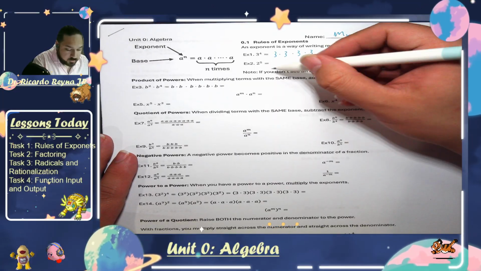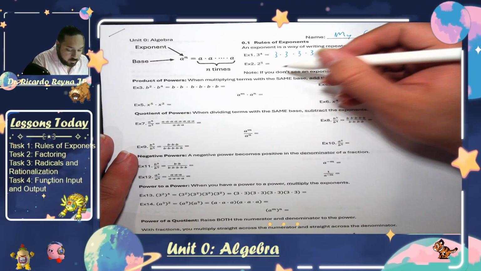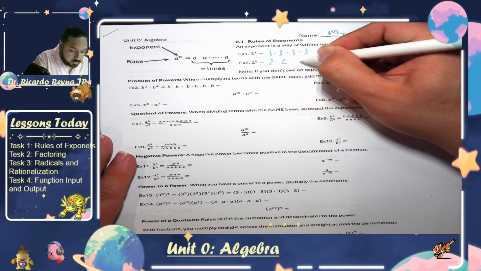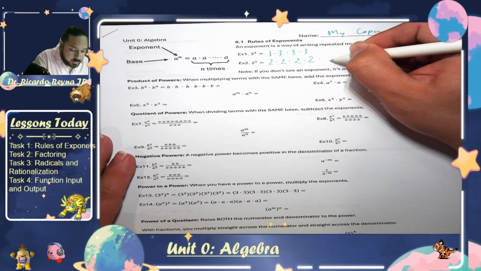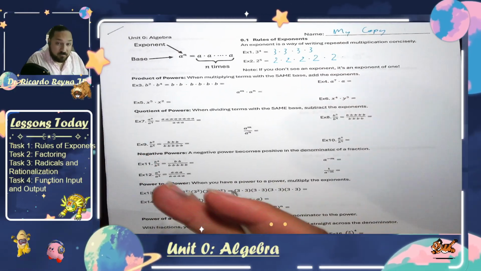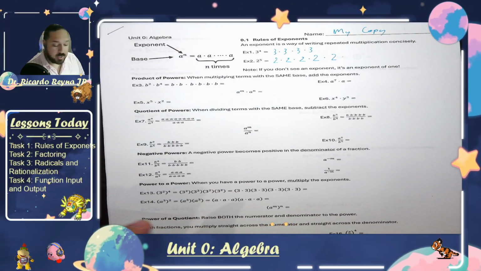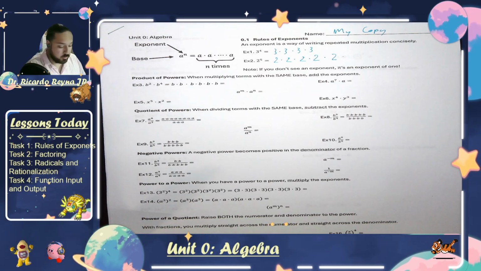Similarly, over here, for 2 to the power of 5, we know that this is just a bunch of 2's. But how many 2's are we supposed to have? We're supposed to have 5 2's being multiplied, right? So that's what this means in general.